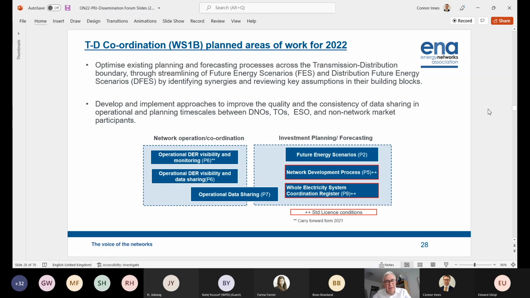So this work stream has for a number of years looked at what information we need to share, how we make that consistent across all network companies, and how we improve the data offering as well.